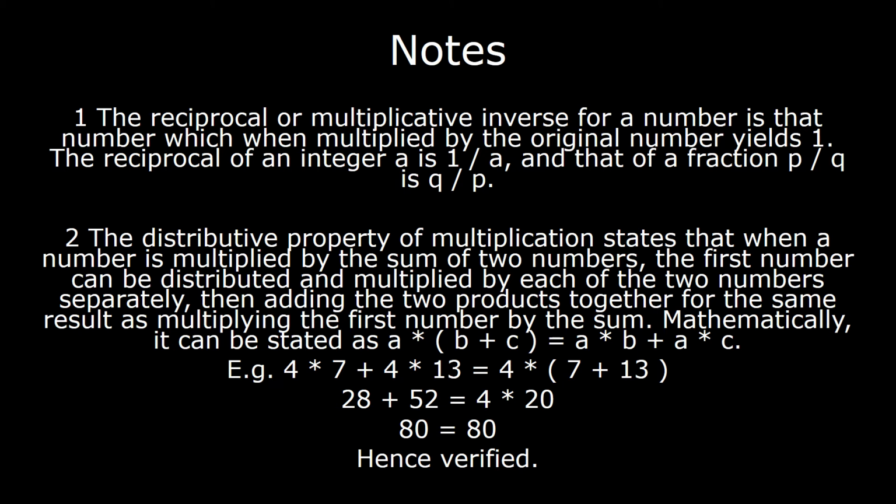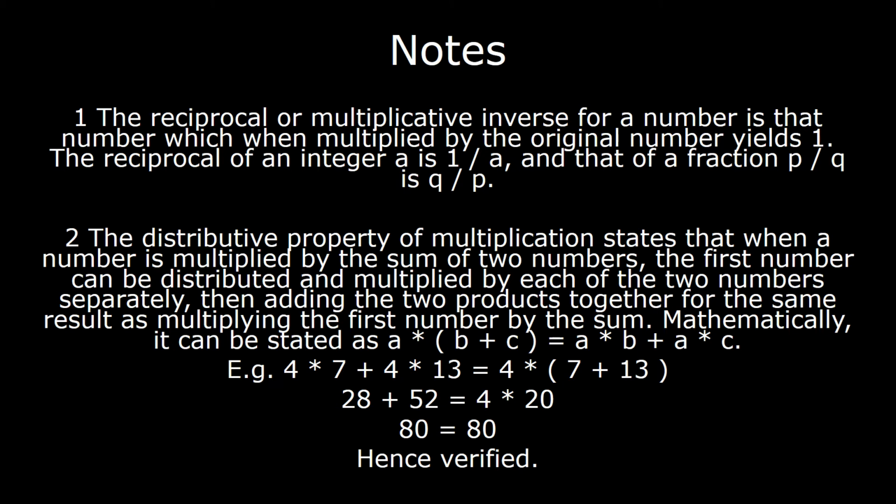Since you have got 4s only, you have a group of 7 and a group of 13. So in total you've got 20 4s. So 4 into 7 plus 4 into 13 is nothing but 4 into within brackets 7 plus 13 close brackets equals to 4 into 20.